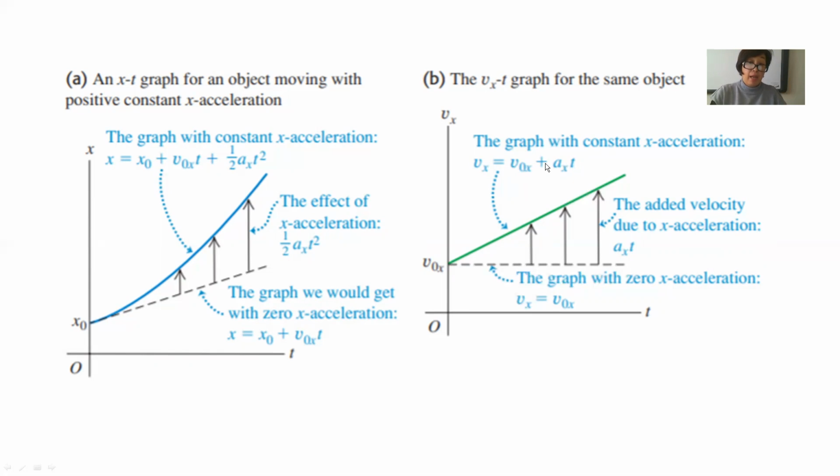Then velocity is added due to acceleration, and this is the effect of acceleration, a multiplied by t. This perpendicular line from the dashed line shows the effect of acceleration, a multiplied by t. This is the graph with constant acceleration.